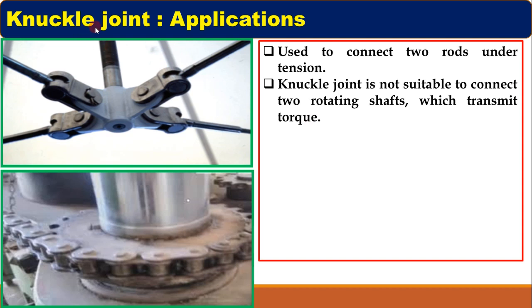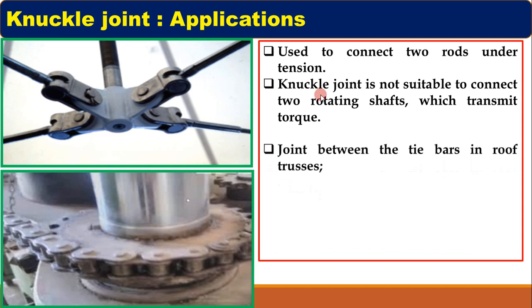Remember that though this knuckle joint is used to connect two rods under tension, it cannot be used to connect two shafts which transmit the torque or the power. That means this knuckle joint is a non-rotating part. If you want to connect two shafts, you can use couplings.